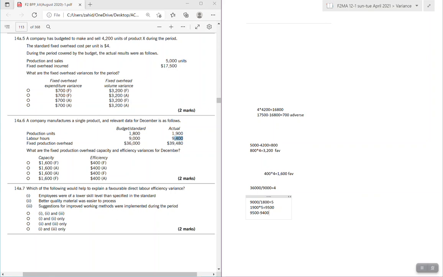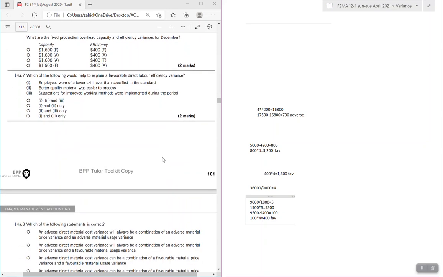The more time you work, the less time you take, the more will be your production. The less time you work, the more time you take, the less will be your production. So if your capacity is higher and your efficiency is higher, your volume will be higher. If efficiency and capacity are both lower, then your volume will be lower. Go back to that accounting for labor chapter and look at the ratios there if you forgot. So 100 favorable multiplied by 4, we have 400 favorable because we have taken less time.